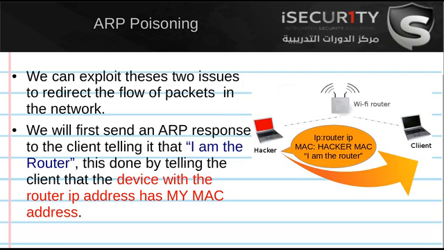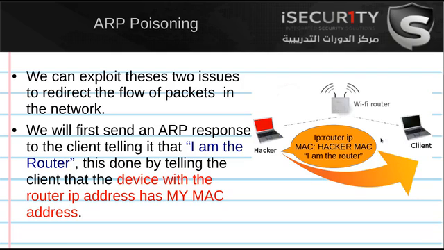Now all this is done using packets. So what we are going to do is send an ARP response to the client. We can send responses without the client asking for them. The client didn't ask for anything, but we can still send it a response. We're going to say that my IP is the router IP. So the router, for example, has 192.168.1.1.